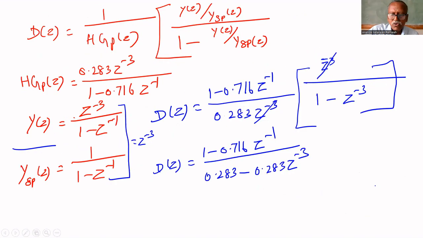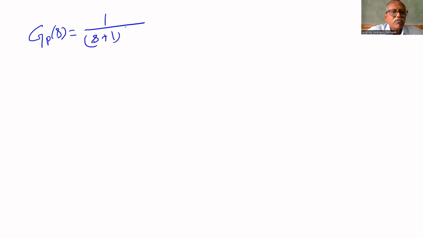So now we got 2 controllers, one without dead time, another with dead time. You can approximate the 4th order process GP of S equal to 1 by S plus 1 to the power 4 as 1 by 3S plus 1 multiplied by e power minus 1.125S.